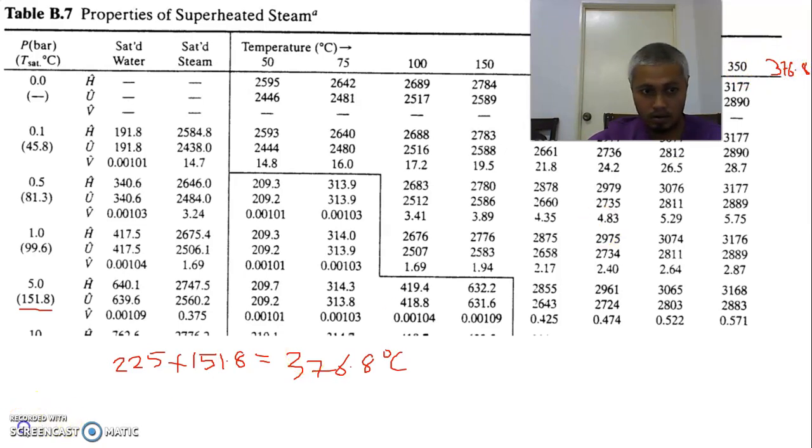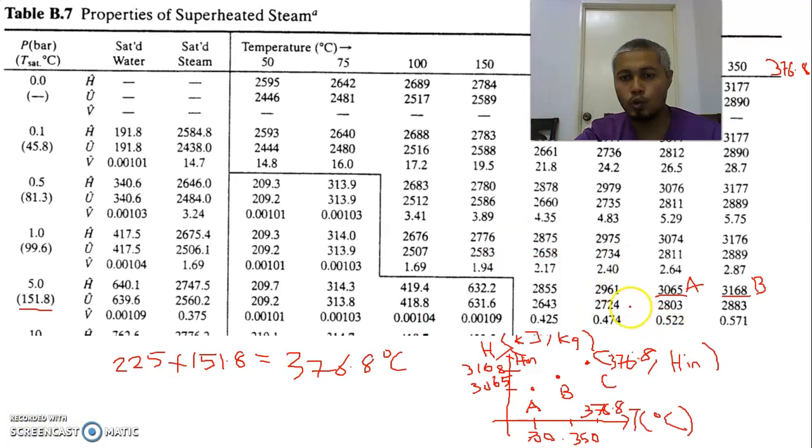We need to find the value of H in from this steam table. First of all, we look at 300 degrees C. We have 3065 specific enthalpy. So we plot at the graph. For example, we use A to represent this point, so we have 300 and 3065. Then point B, we have 350 and 3168.